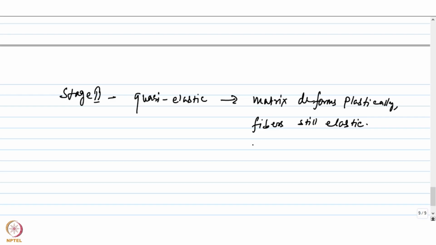So here in the rule of mixture equation, the elastic modulus of the matrix has to be replaced by the slope of the stress strain curve of the matrix material, that is d sigma by d epsilon.